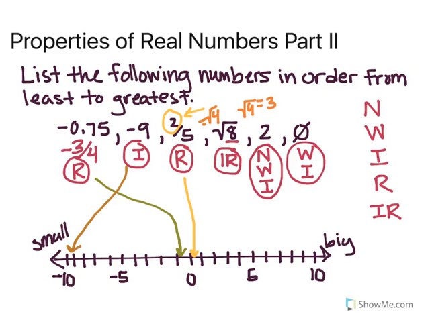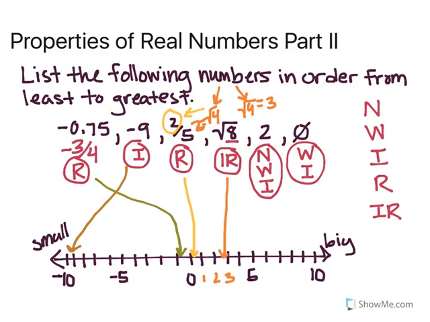That's a nice perfect square. So the square root of 8 is somewhere between 2 and 3. And if you're not quite sure where, think of which of these it is closer to. Is 8 closer to 4 or is 8 closer to 9? It's closer to 9, so it's going to be closer to 3. So this is going to go in between 2 and 3, but closer to 3.